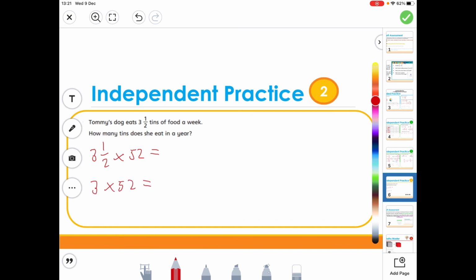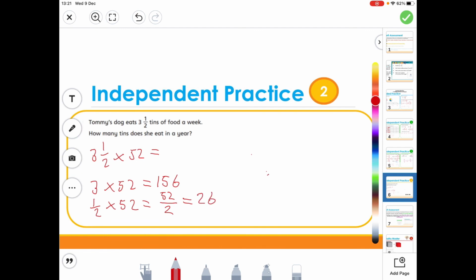I know that 3 times 50 is 150. 3 times 2 is 6, so that's going to be 156.